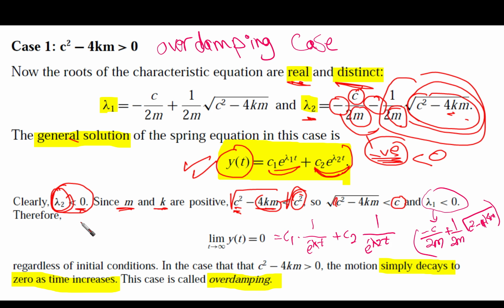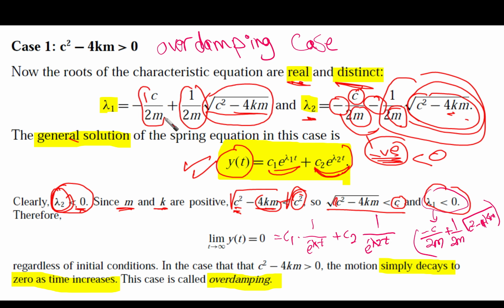that lambda 2 is less than 0, and in this case lambda 1 is going to be less than 0 also. All right, look here, as we said, this term is going to be less than c. So we are going to have here 1 over 2m times a term that is less than c, as if we have 1 over 2m times c.